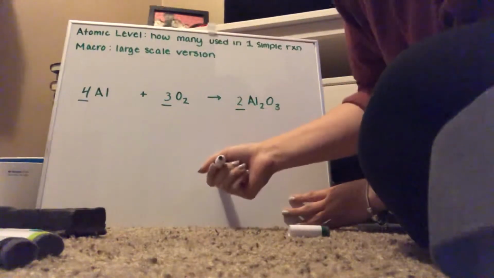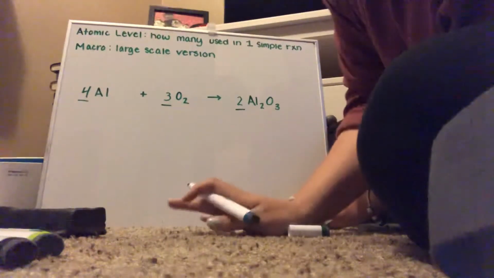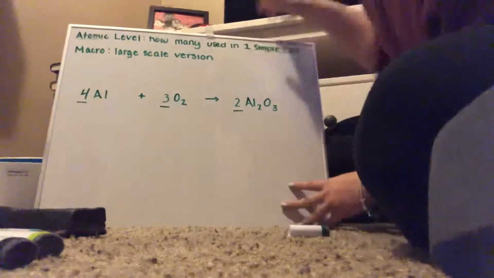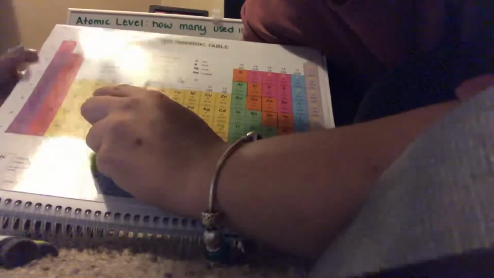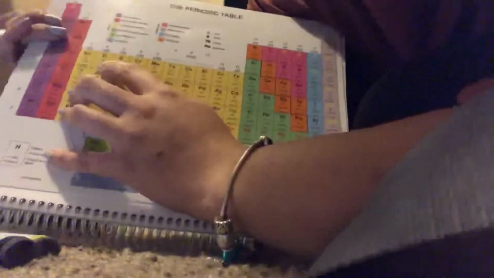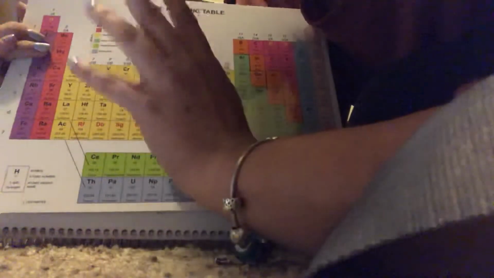From there, she just wants you to look at the periodic table. On the periodic table, you have the atomic mass number, which I'm not sure you can actually see, but it's the mass and not the actual 1, 2, 3, 4.